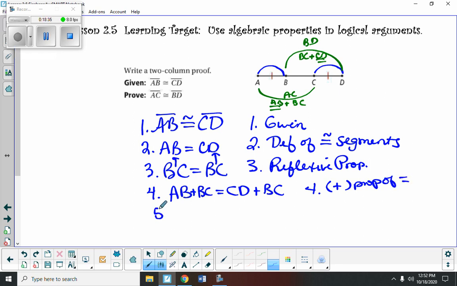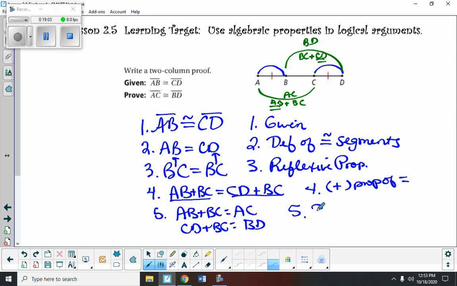Now, what do you know about AB plus BC? It equals AC. So we'll make that statement. And what do we know about CD plus BC, or BC plus CD? That equals BD. That is that the two smaller parts add up to the whole.